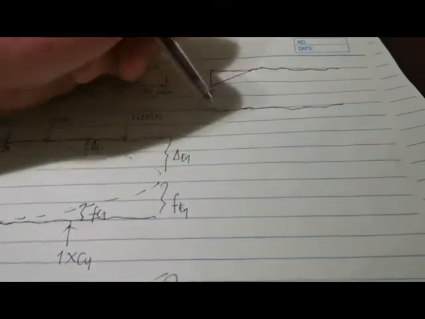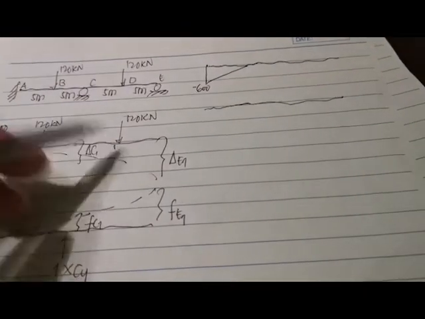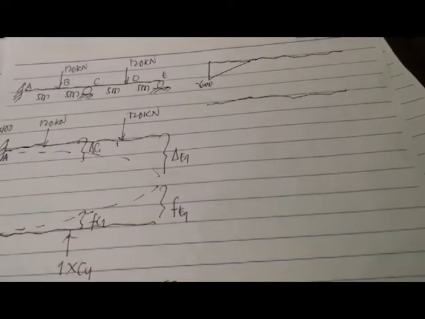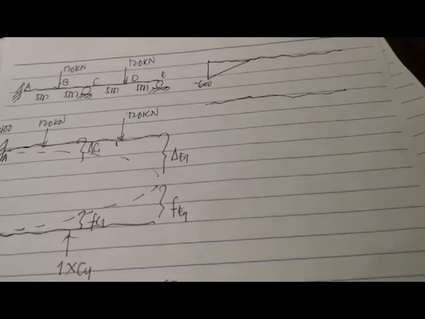Next, due to the concentrated load at point D, we are to compute that 120 multiplied by 15, negative 1,800.